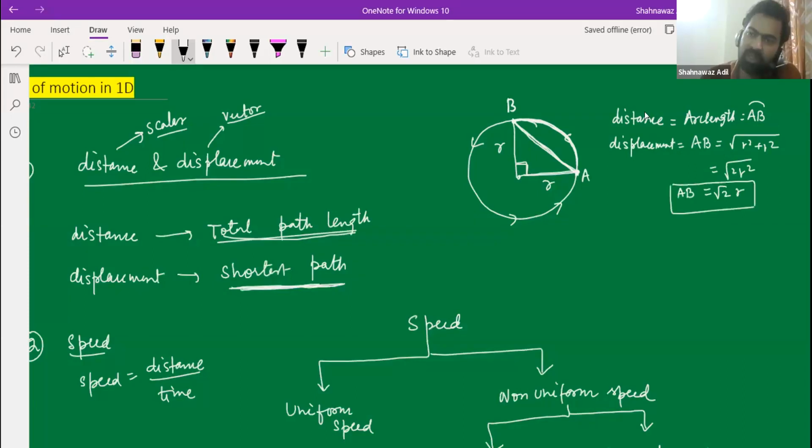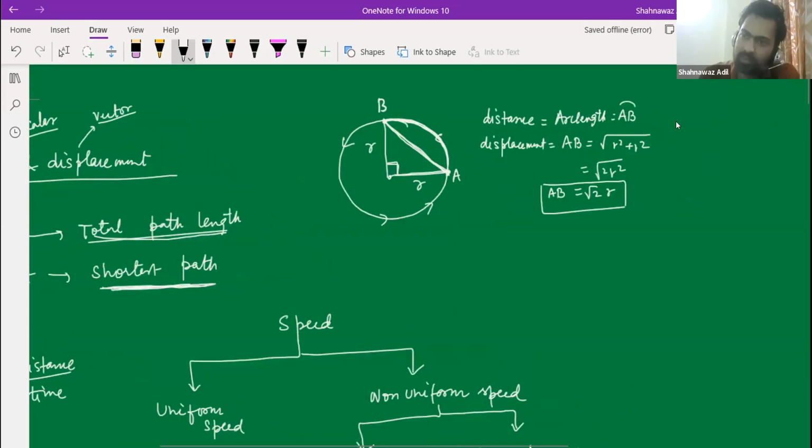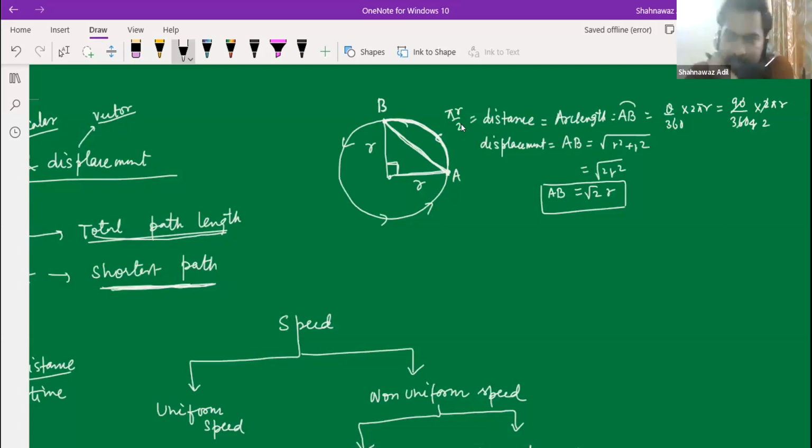Arc length would be theta by 360 into 2 pi r. So theta is 90 by 360, so that is 1 by 4 into 2 pi r. So this 2 cancels, so pi r by 2. Distance is pi r by 2. Is it clear? Yes, guys?